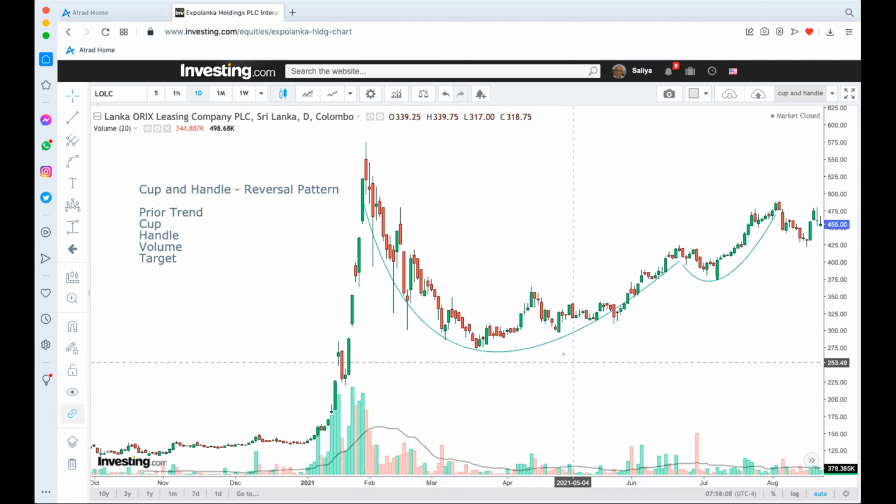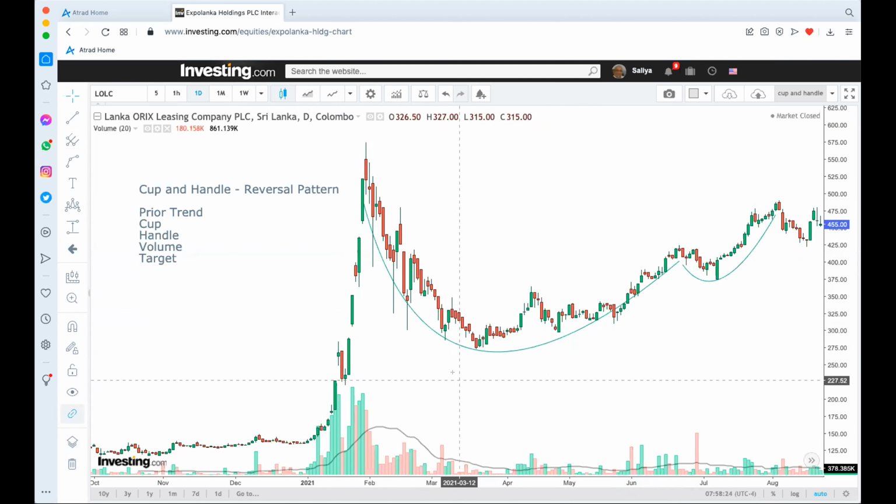Now, in this instance, I take this as a rounding bottom. Some may not see that, that's okay. Some may see it in a different way. But I can see that there is a rounding bottom formation.